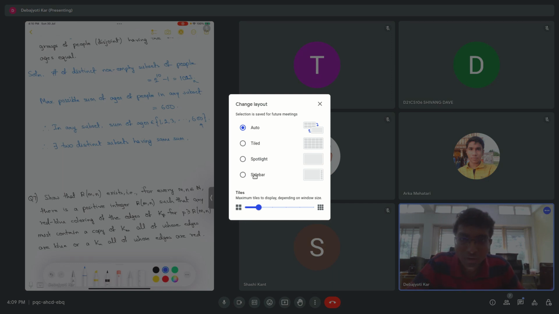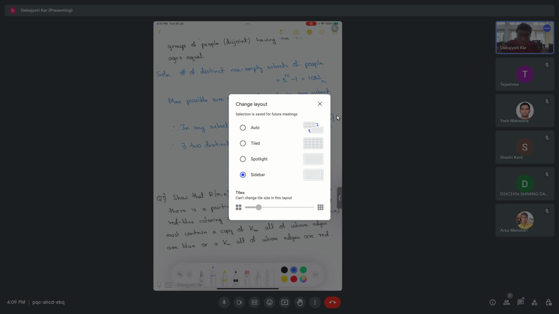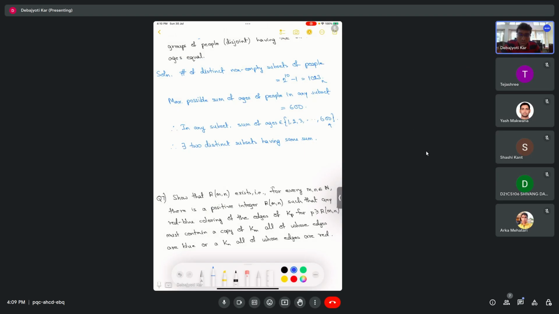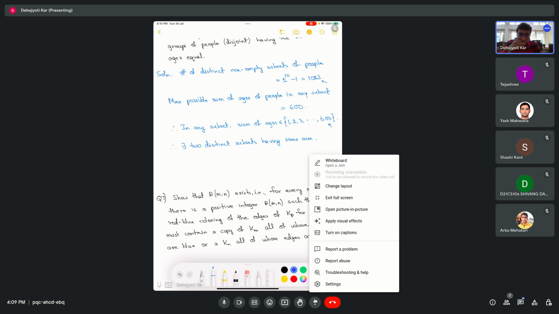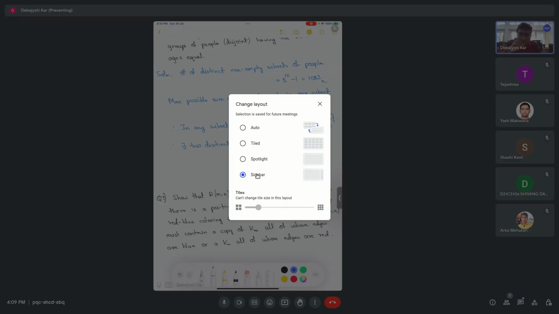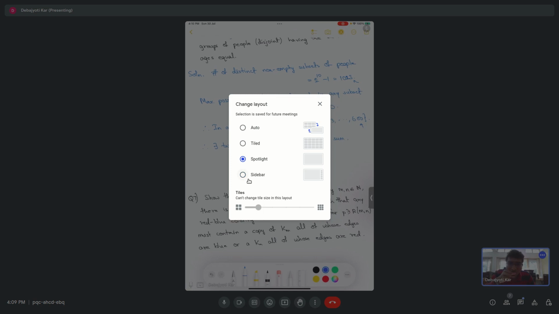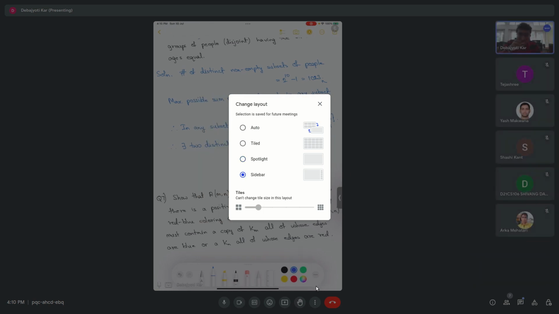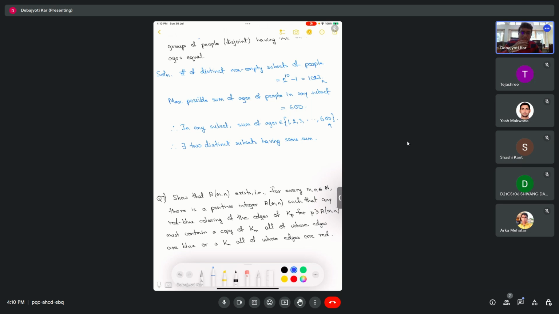So but the size I think remains the same, isn't it? Or is this fine, or is this size fine?